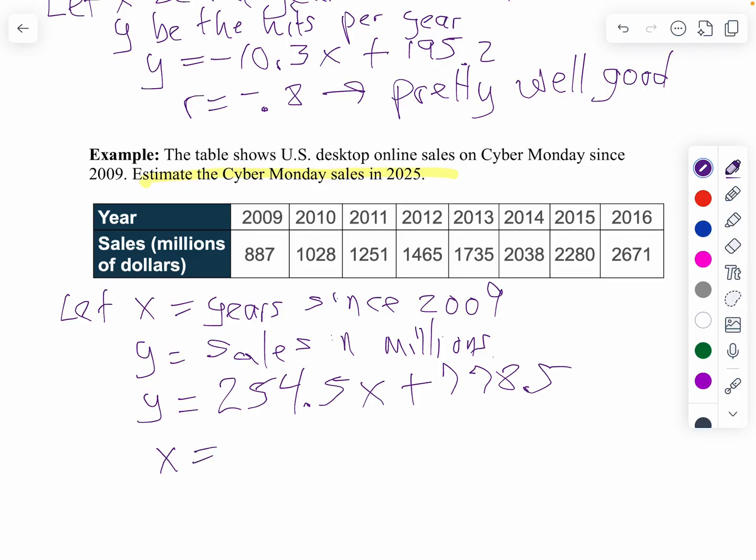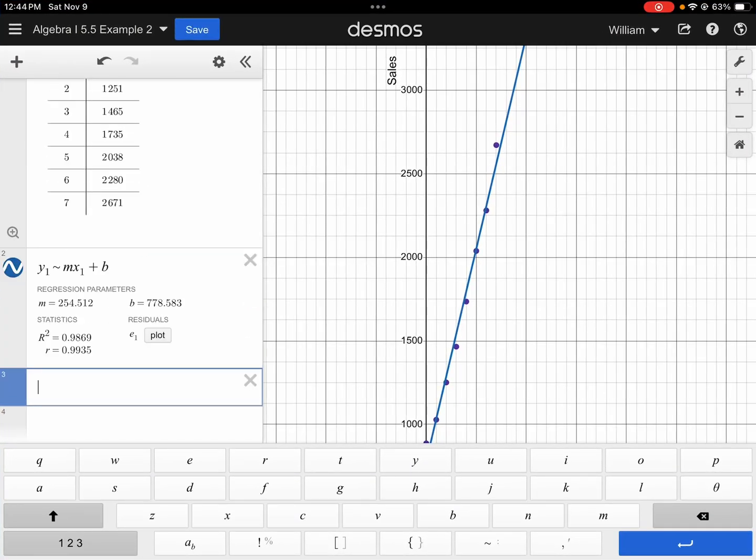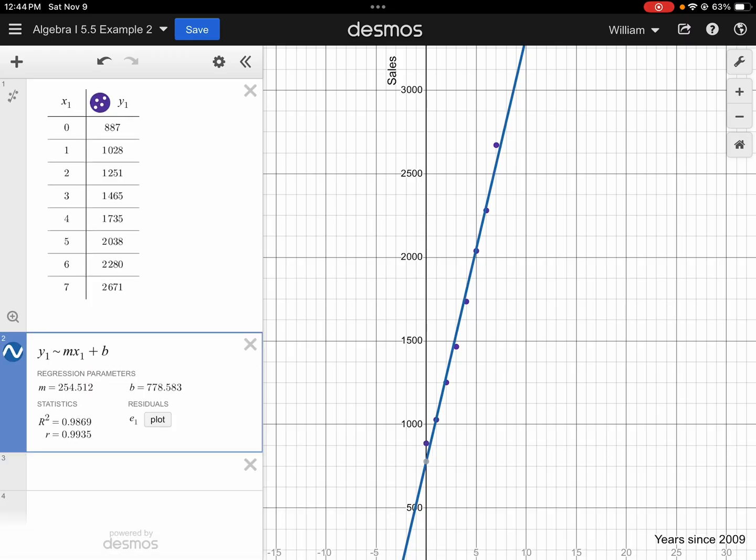X is going to be the year since 2009, so I'm going to take 2025 and I'm going to subtract 2009. And 25 minus 9, well, that's 16. So what I'm going to do here is I'm going to replace X with 16. I'll do this on my calculator. So I know M, now I'm just going to type that in.